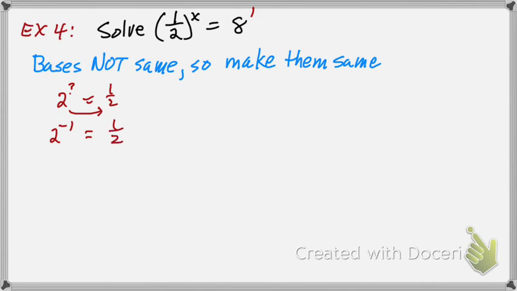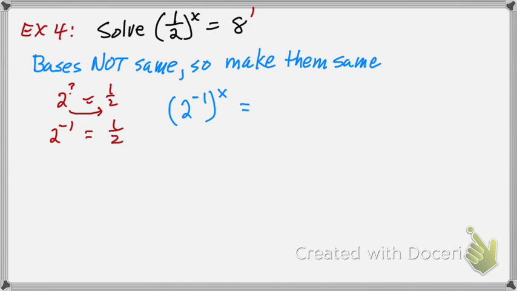Because what's the rule? You just stick a 1 over the whole thing and remove the negative sign. All right, so if you agree with me on that, on this side I've got 2 to the -1 power raised to the x power.